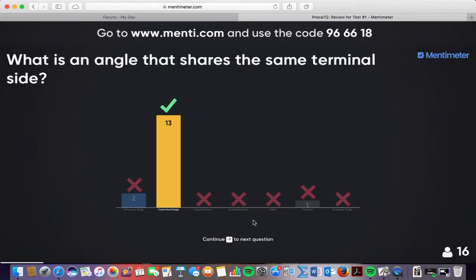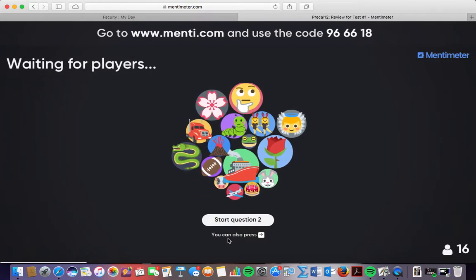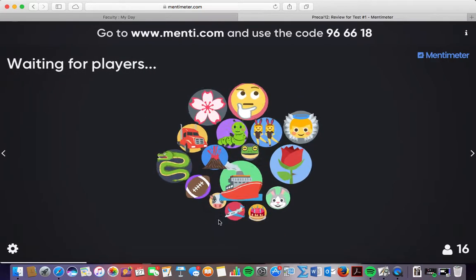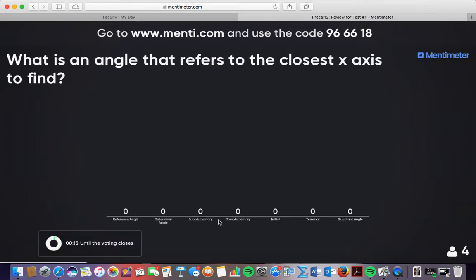All right, question number 2. What is an angle that refers to the closest x-axis called? Got 12 seconds.